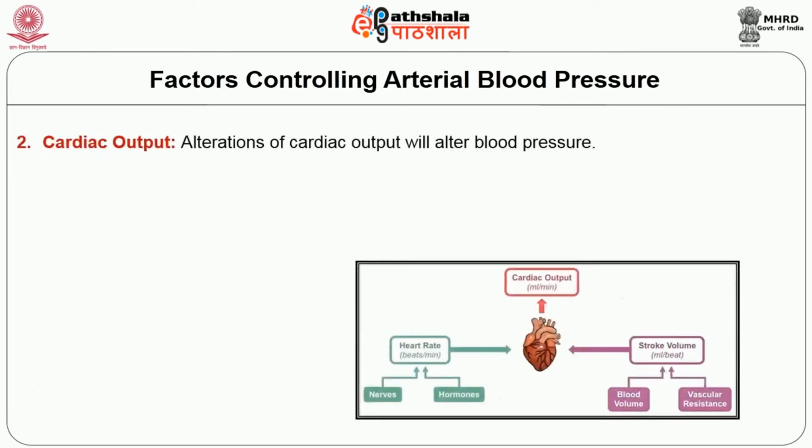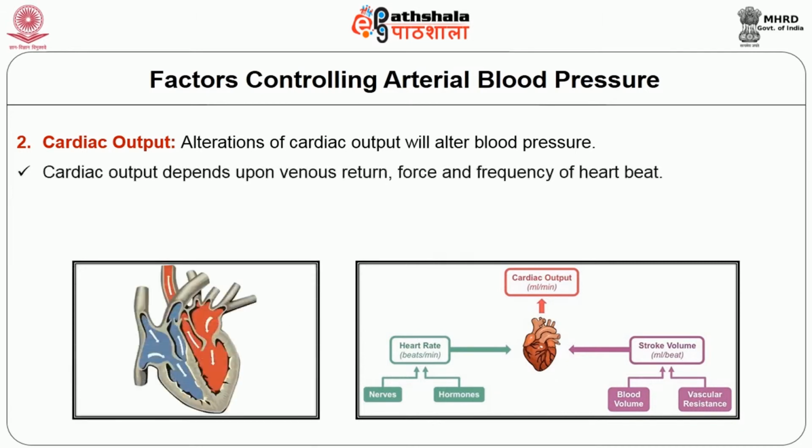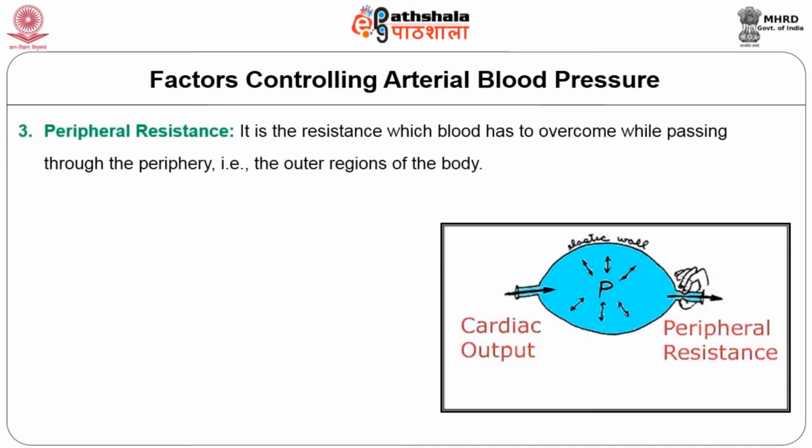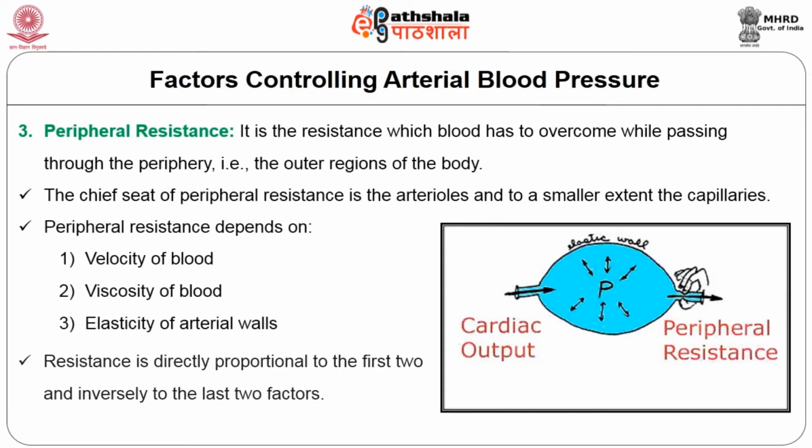The second factor is the cardiac output. Alterations of cardiac output will alter blood pressure. Cardiac output depends upon venous return, force, and frequency of heartbeat. Blood volume affects blood pressure directly by mainly modifying the cardiac output. The third important factor is peripheral resistance.